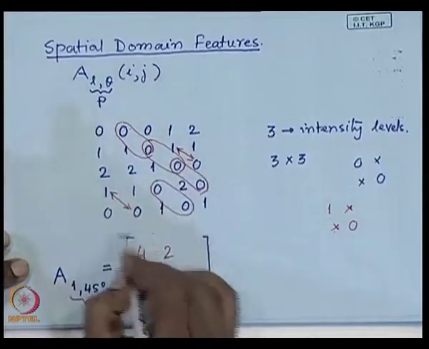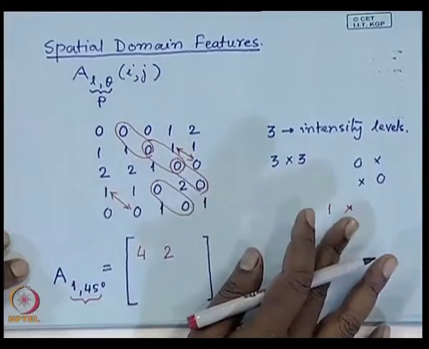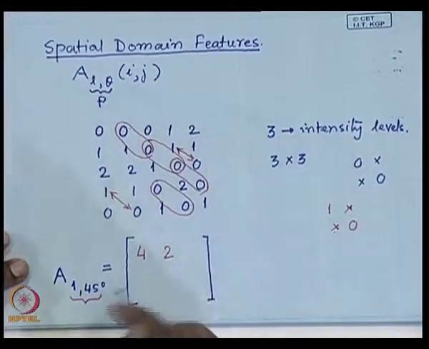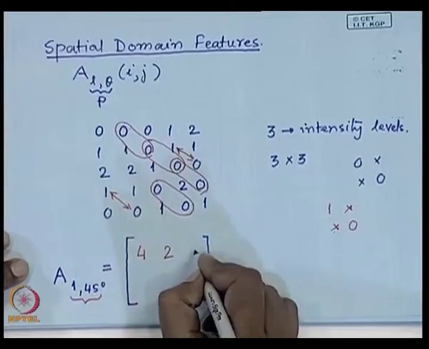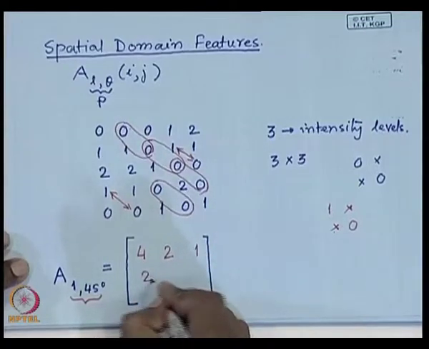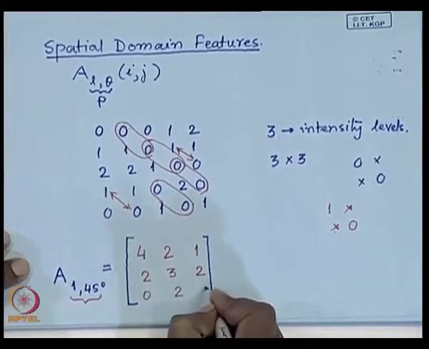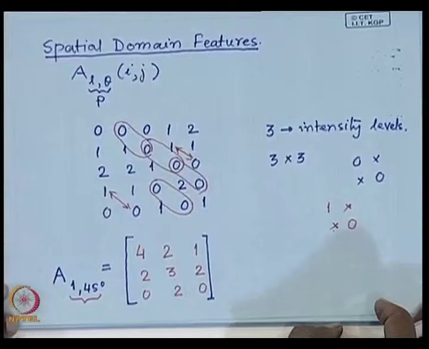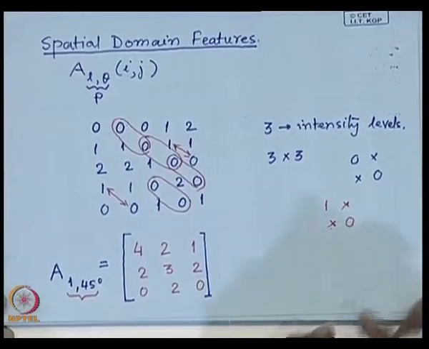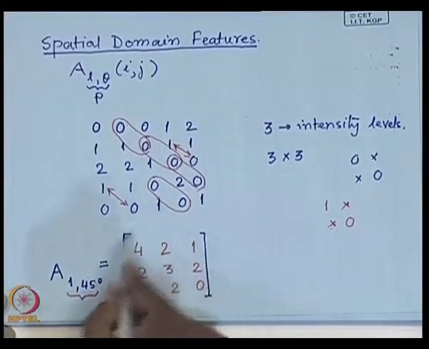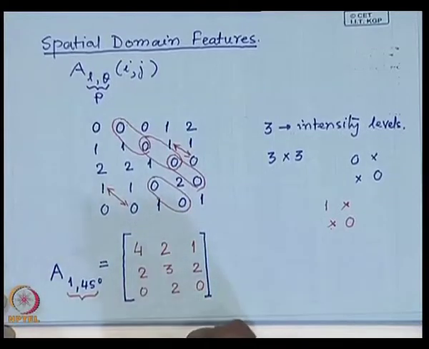So, if you compute like this all the pairs where the intensity values are 0, 1 and 2, then you get this matrix as 4, 2, 1, 2, 3, 2, 0, 2, 0. Okay. So, this is matrix A L theta i j, the kind of occurrences of the intensity pairs that I will have.